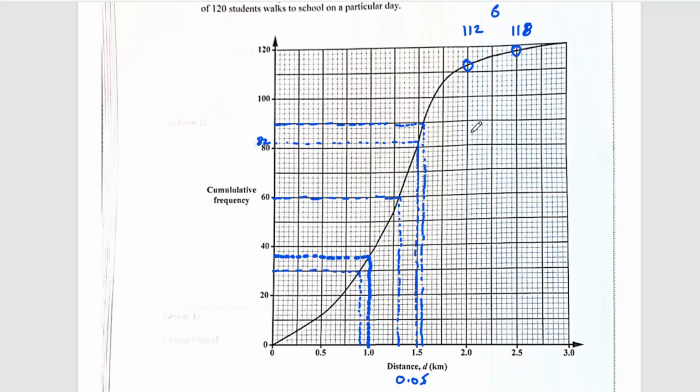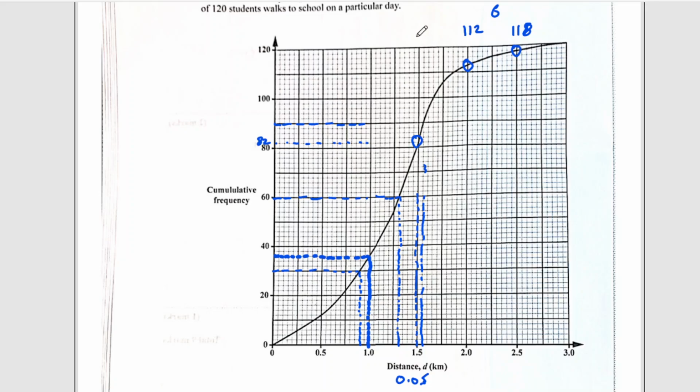Then the next one they ask for is between 1.5 and 2. Let me erase this so I can see. So between 1.5, which will be here, that is how much? Oh, we had that one, that is 82.